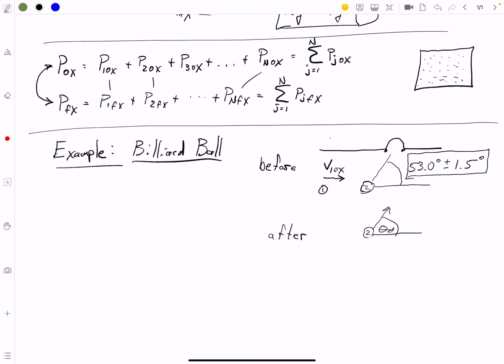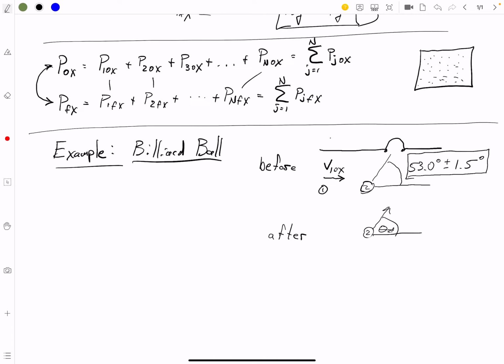And that ball is going to be going in some direction. We don't know. And hopefully we didn't botch it so bad that we had it going in the opposite direction, which I have seen before.